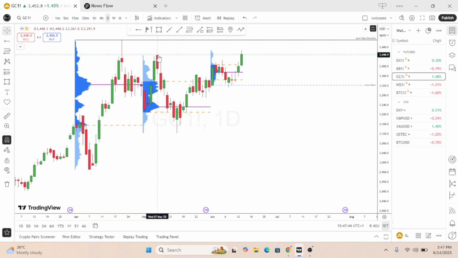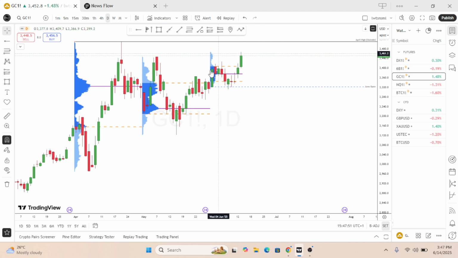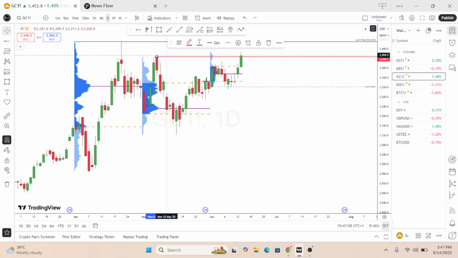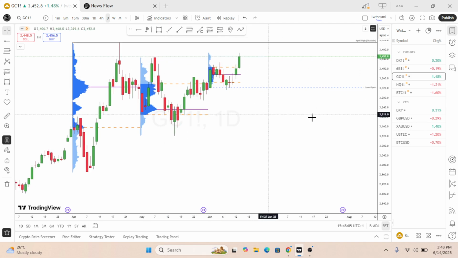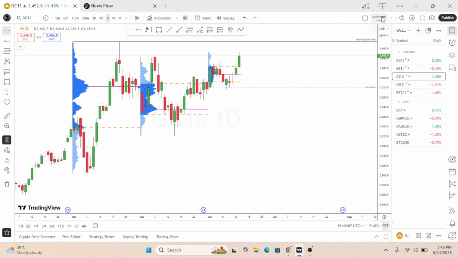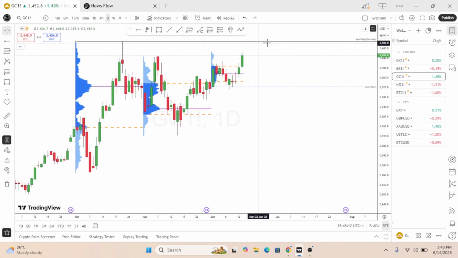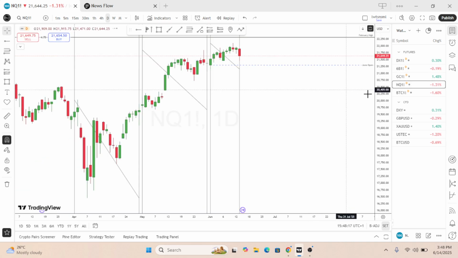But generally last month we closed an inside candle. But this week, as we continue to push higher and value shifted high, we had a push into the high of the inside candle, which is the high for the month of May. This is also backed by the fact that there's geopolitical tension in the east between Israel and Iran.